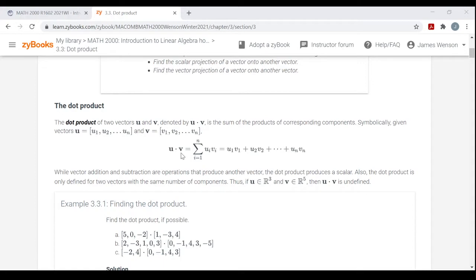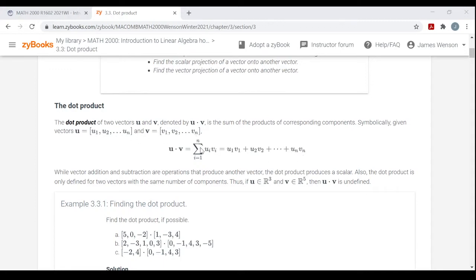Then here's a little formula for how you find this dot product. U dot v is the sum, right? Anytime you see this sigma notation, it's a summation from i equals 1 to n of ui times vi, meaning, starting with 1, u1 times v1 plus u2 times v2 plus u3 times v3 plus, all the way to the product of the last components, un times vn.